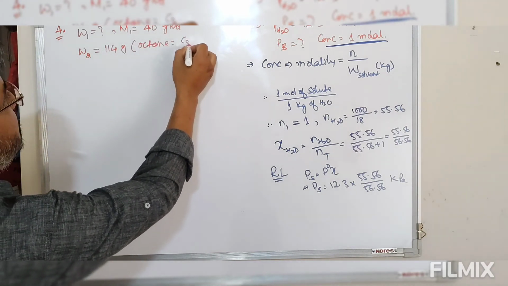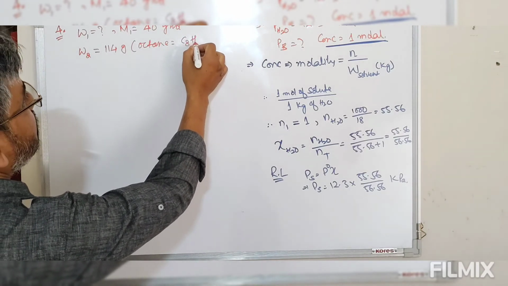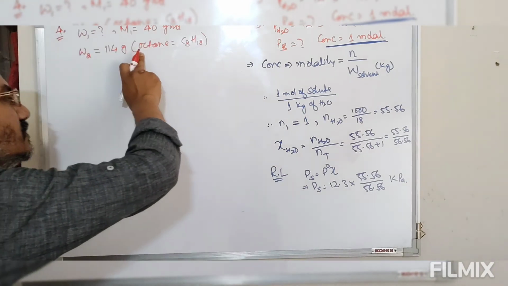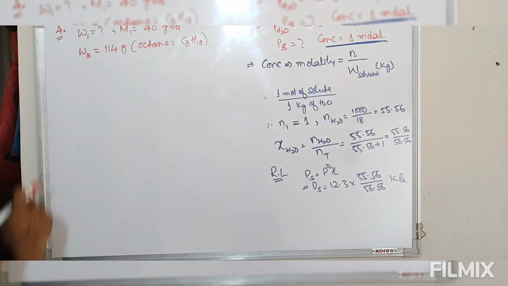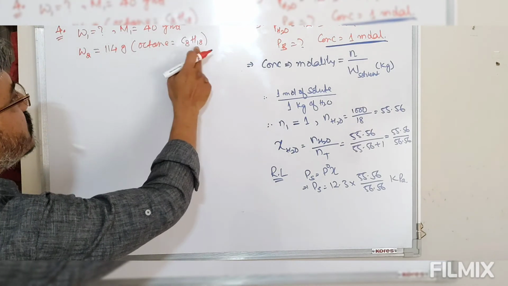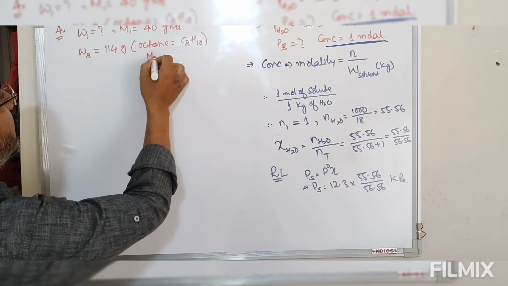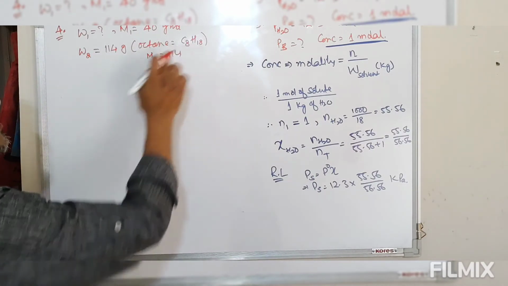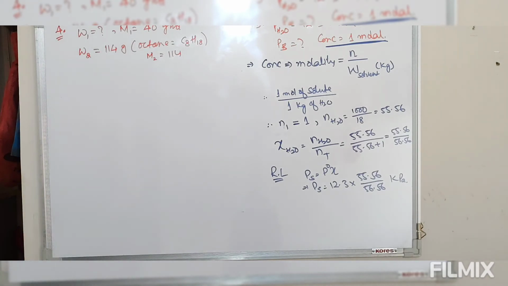Octane is C8H18. Since the solvent is octane, we have to dissolve some W grams of solute in 114 gram of octane. What is the mass of solute? The molecular mass of octane is also 114.